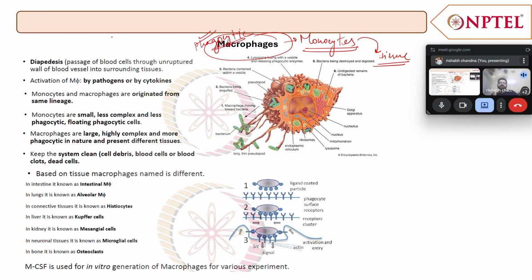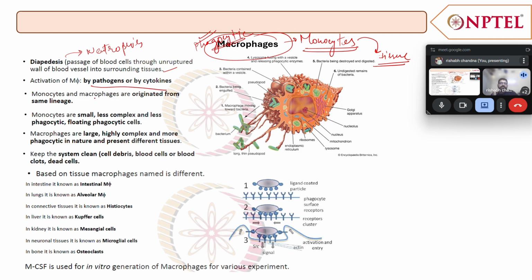Okay, so it helps in diapedesis, that is the passage of blood cells through the unruptured wall of blood vessel into the surrounding tissue, like neutrophils. Okay, the activation of macrophages takes place by pathogen or by the cytokines.